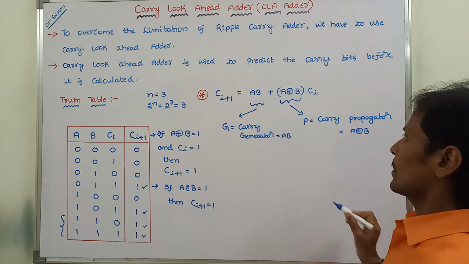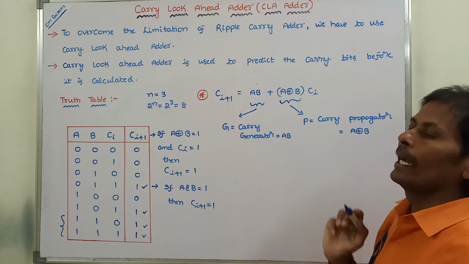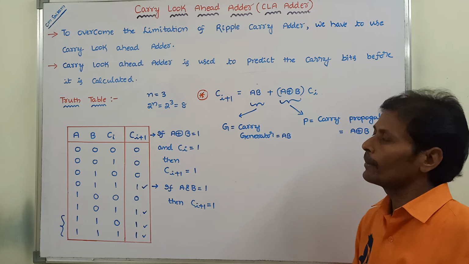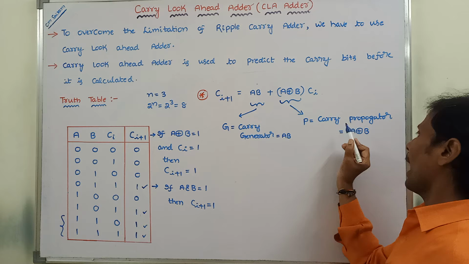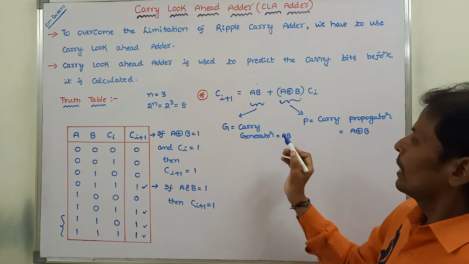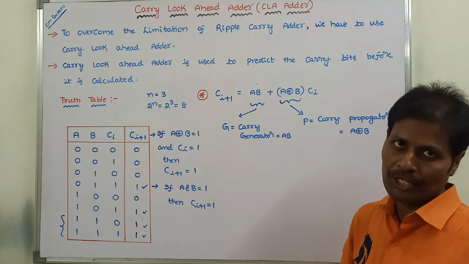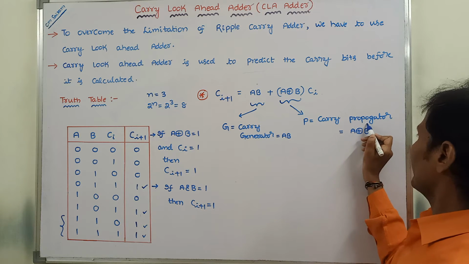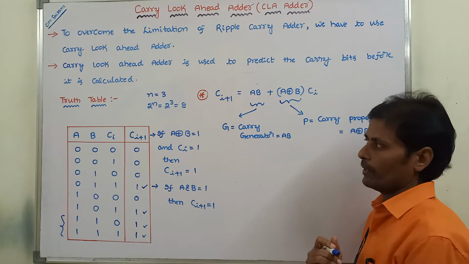Okay, so here AB can be called the carry generator. A exclusive OR B can be called the carry propagator. Carry generator can be denoted by capital G. Carry propagator can be denoted by capital P. Okay.